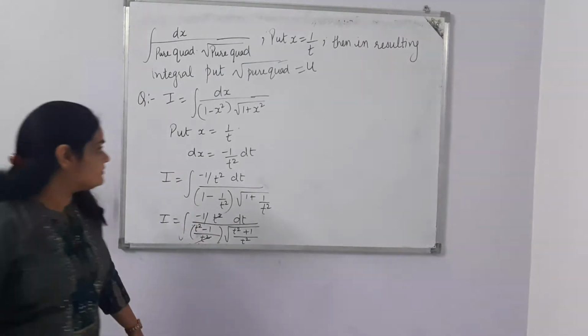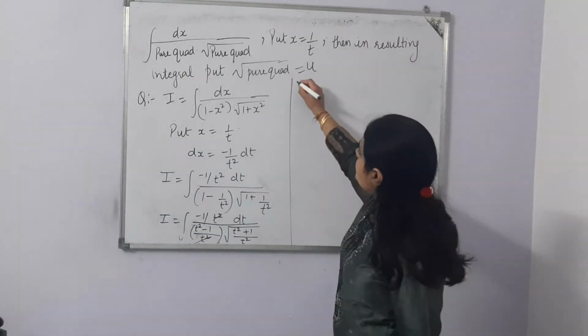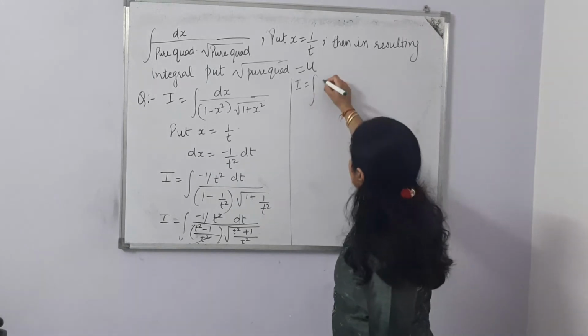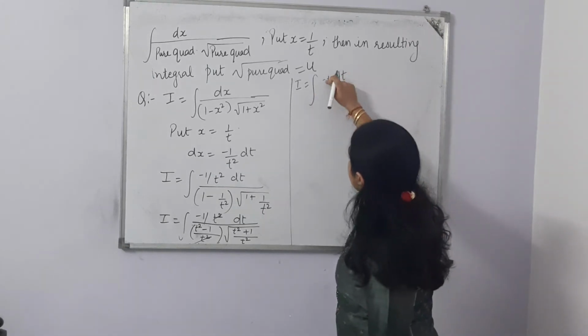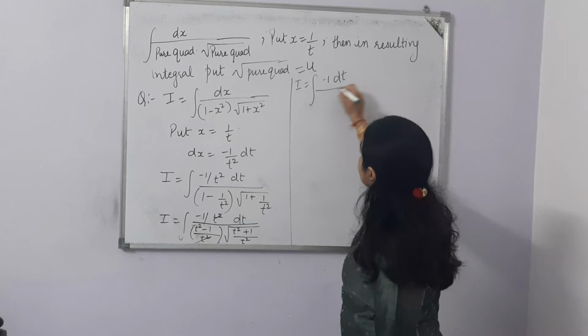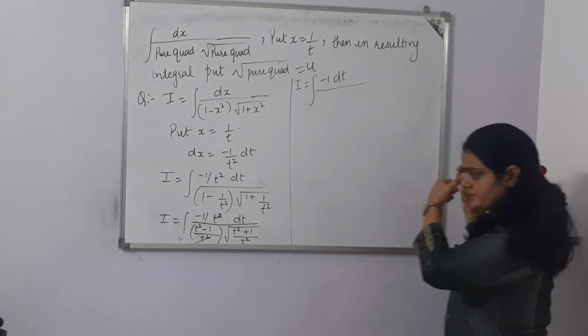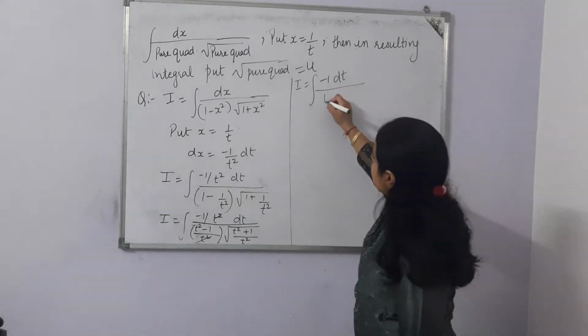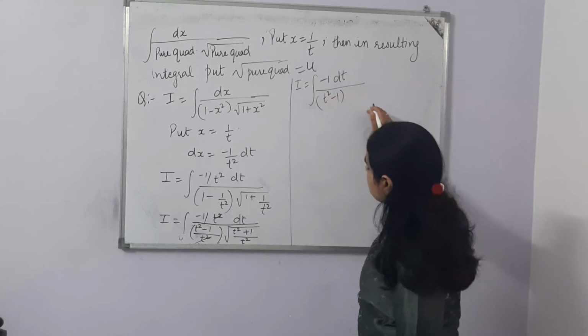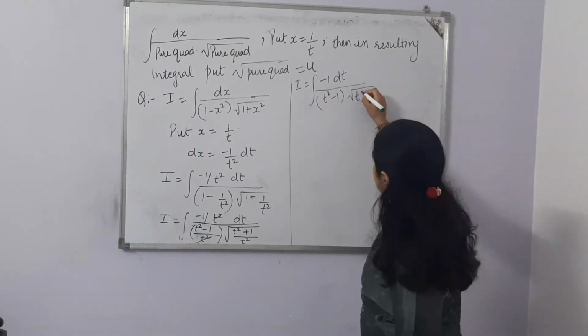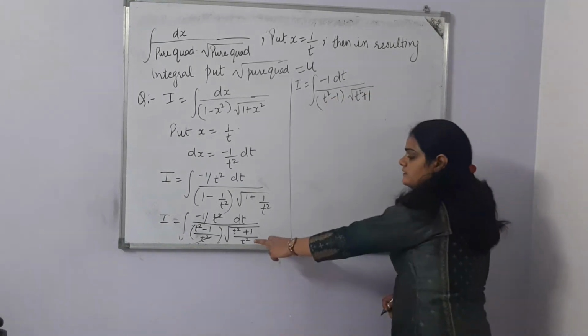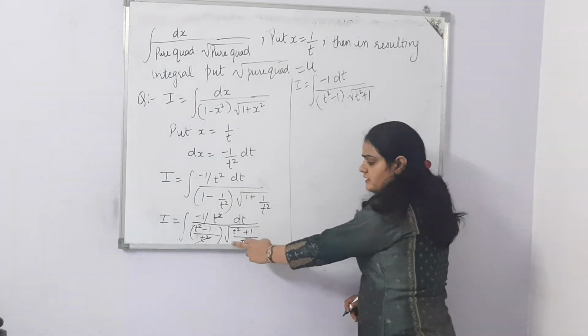Now we have I is equals to minus 1 dt, here we have t square minus 1 under root t square plus 1, and in denominator we have t square in under root.